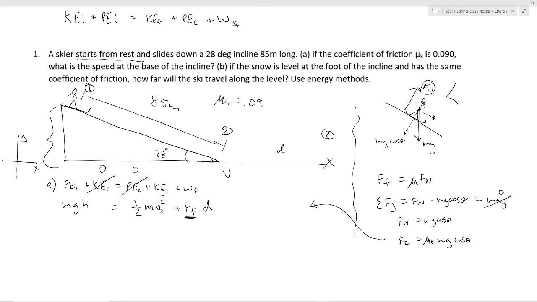Okay, so let's see. The other ingredient that we need is this height in terms of the angle. Well, we know the distance, the hypotenuse in other words. So we can get the height from d sine theta. So let's call this r, say.